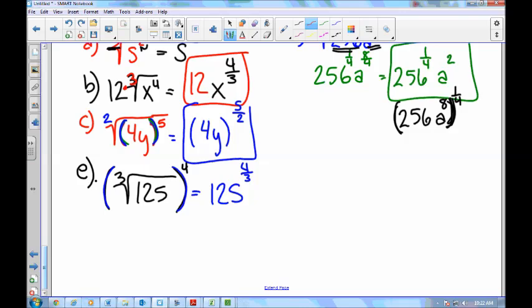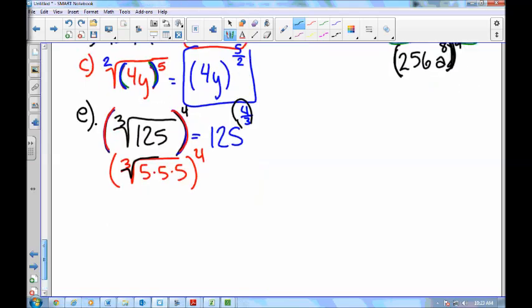Okay, sometimes be careful. What is the cube root of 125 though? 5. Cube root of 125 is, well, 125 is 5 times 5 times 5. All of that raised to the 4th power. The reason I'm showing this, you can go to this, but then you still have work to do, because this would simplify.